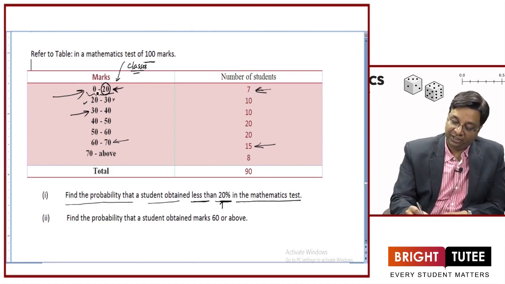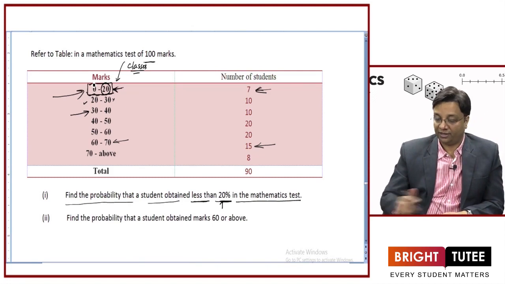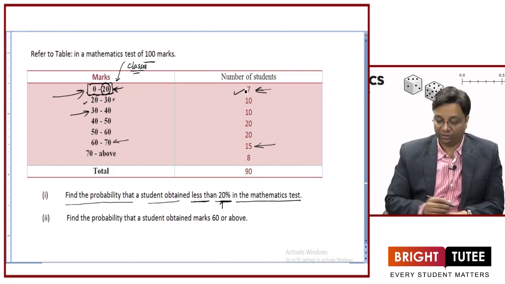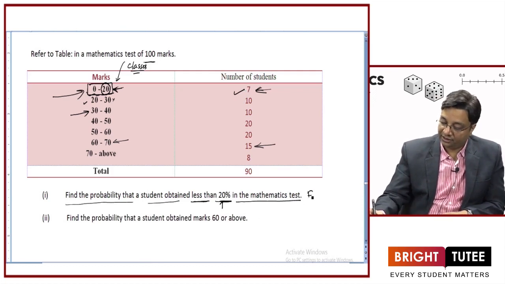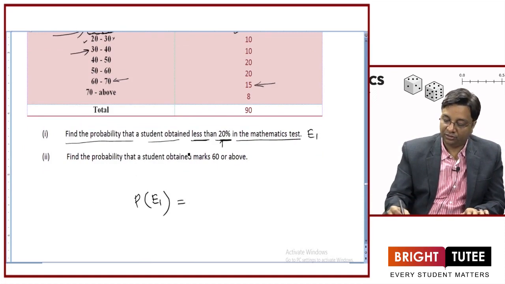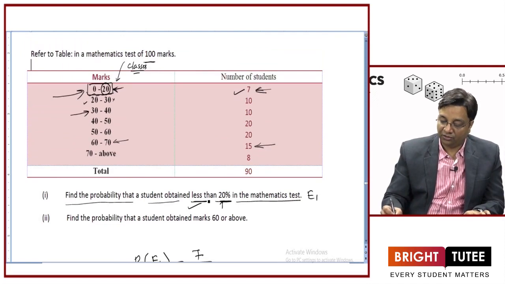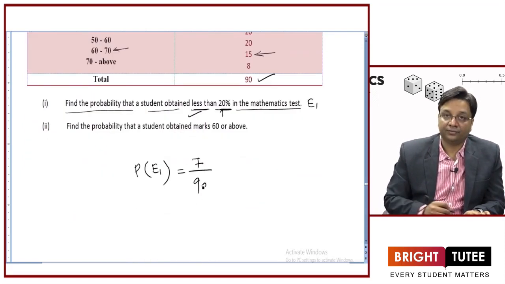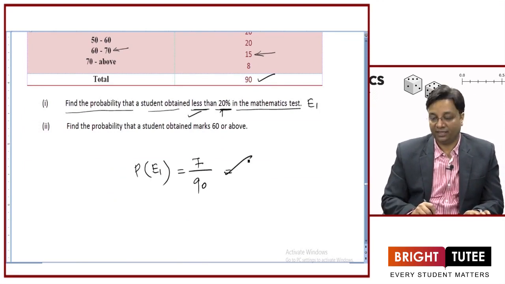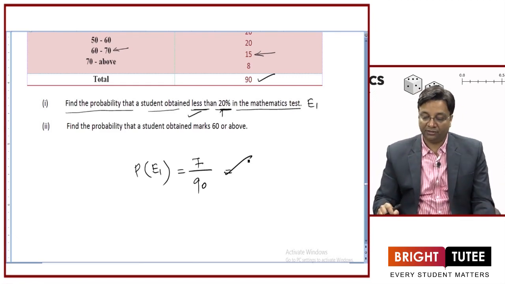So, every student having marks between 0 to 20 has got marks less than 20. Okay. So, there are 7 such students. So, probability, let us say this is E1, probability of E1, that is student obtained less than 20% marks. There are 7 such students out of total 90 students. Okay. So, this is the probability that a student will obtain less than 20% marks.